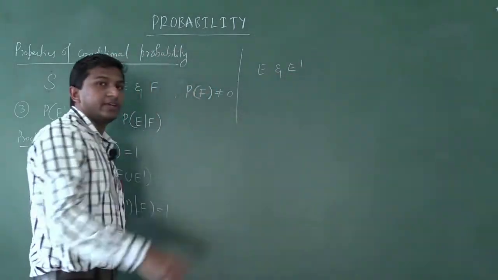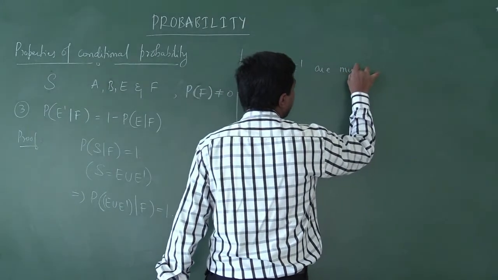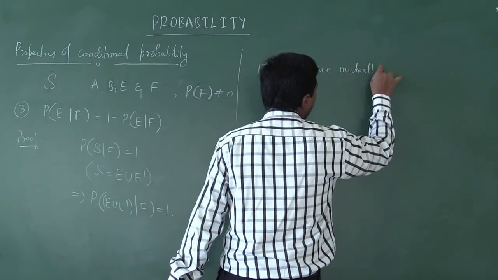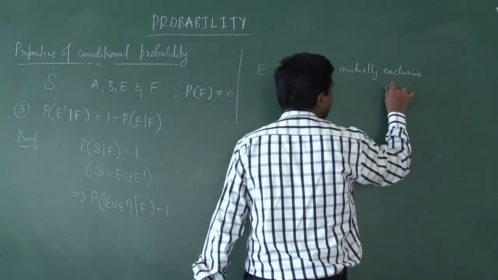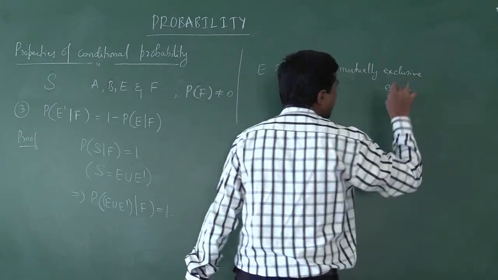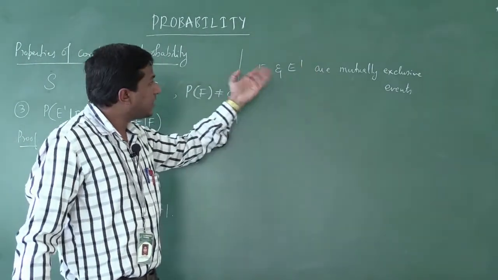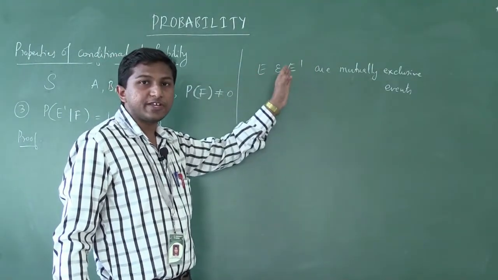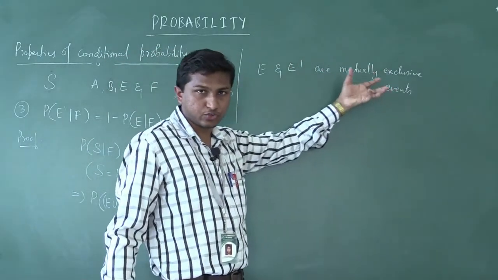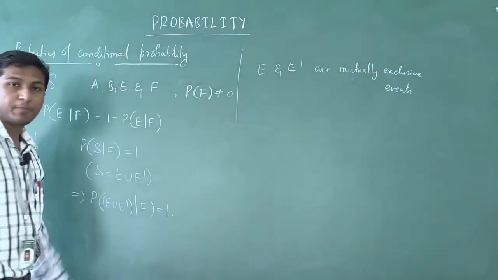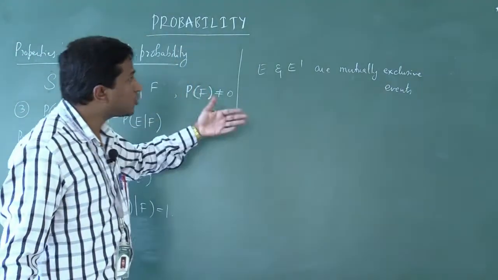are mutually exclusive events. So by the definition of complementary event, E and the complementary event of E must be mutually exclusive events. By the special case of property number 2, what do we know?